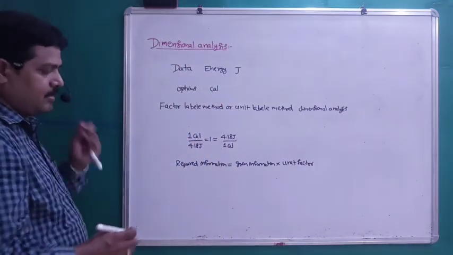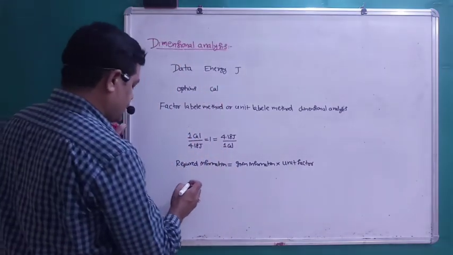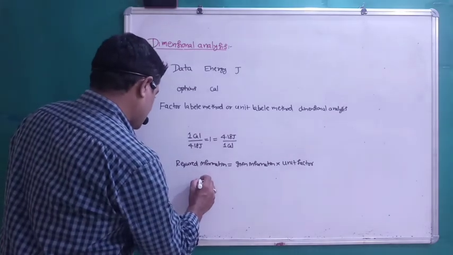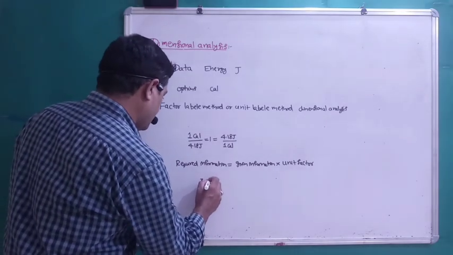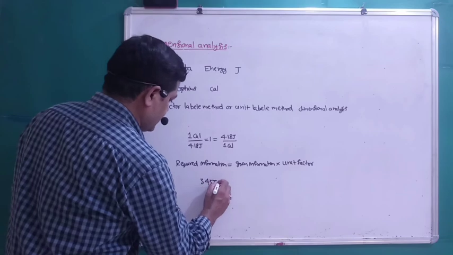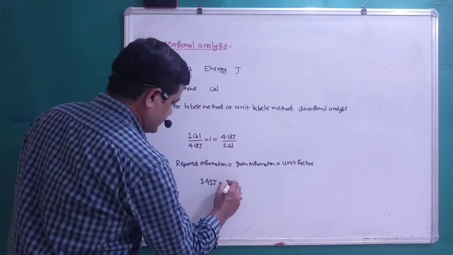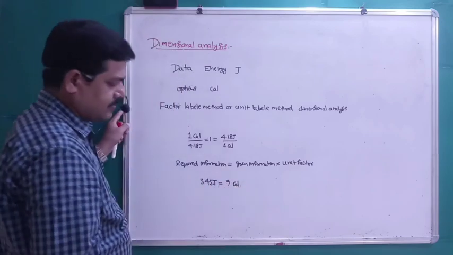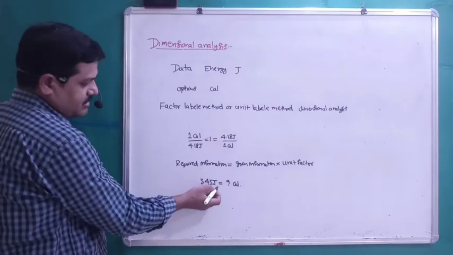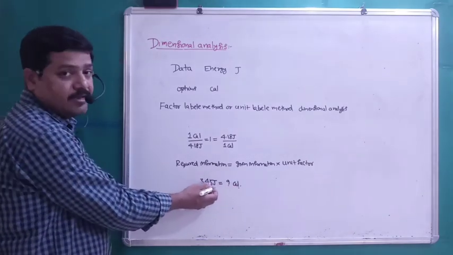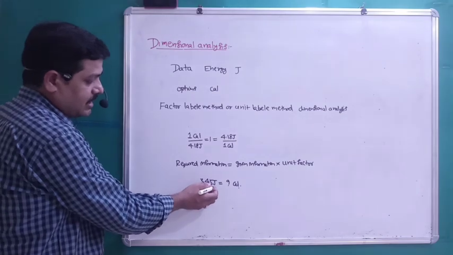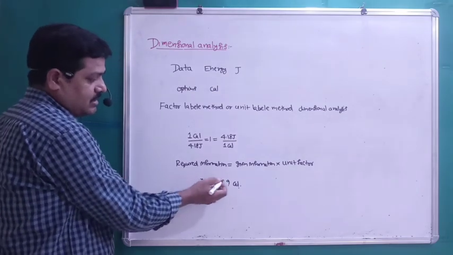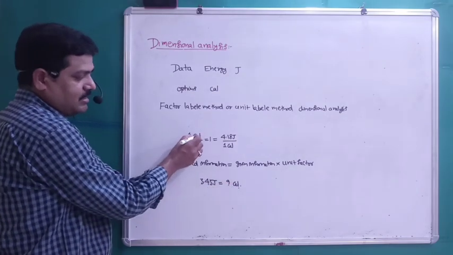Students, for example, if it is asked to calculate that 3.45 joules is equal to how many calories, then the required unit is calories and the given unit is joules. In the conversion factor, we have to take the one in which the required unit is present in the numerator.